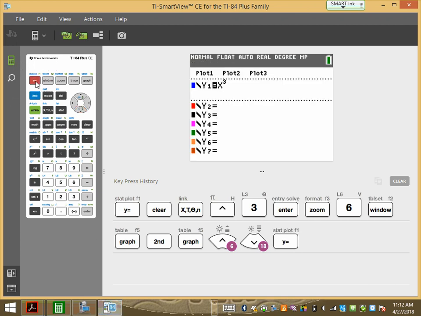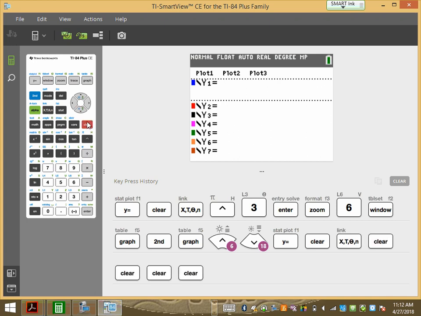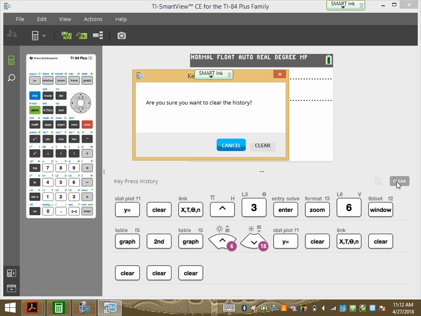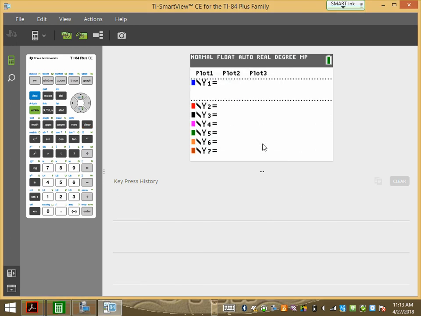Okay, we're going to go to y equals. We're going to type the equation in. I'm going to clear this out. Clear. Okay. So we are going to go x cubed. If you have one of these calculators, you need to arrow over to get it to go back down. Minus 2x squared.